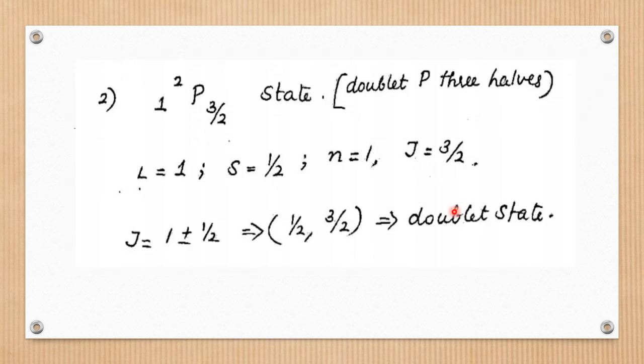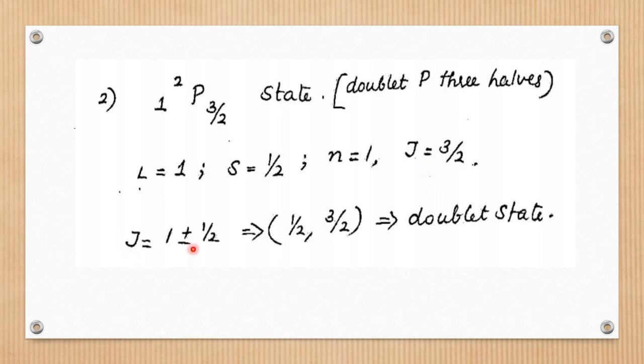One more example. This is 1 doublet P 3 halves. 1 doublet P 3 half state. So here, since it is P, L is equal to 1, S is equal to half, n is equal to 1, and J equal to 3 by 2.